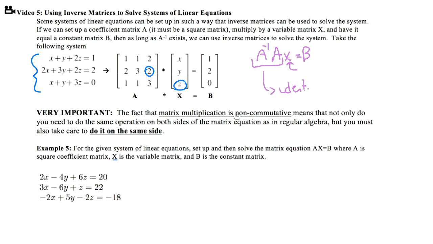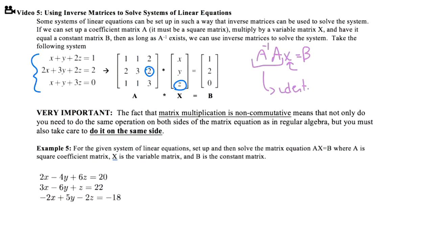That means not only do you need to do the same operation on both sides of the matrix equation, so if I multiply by A inverse on the left side, I also need to multiply by A inverse on the left side of the other, but you must also take care to do it on the same side.